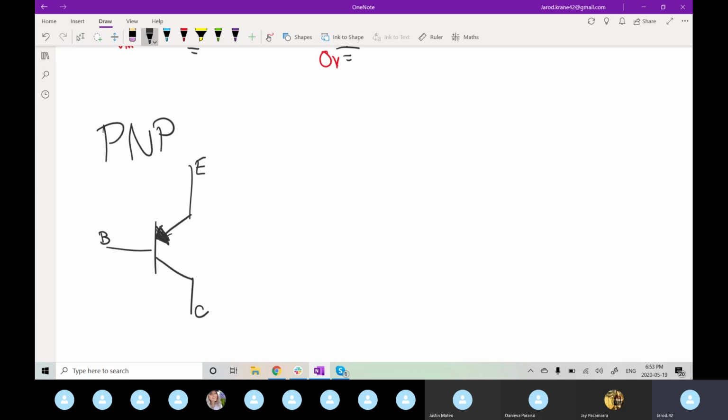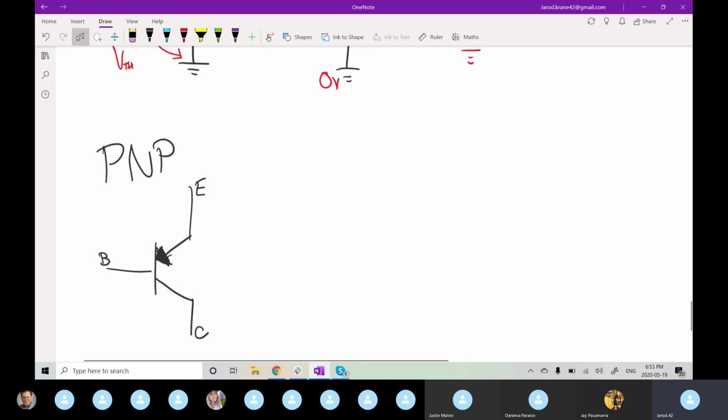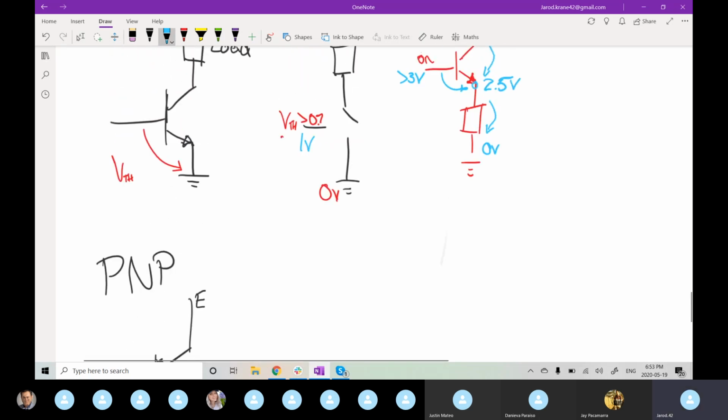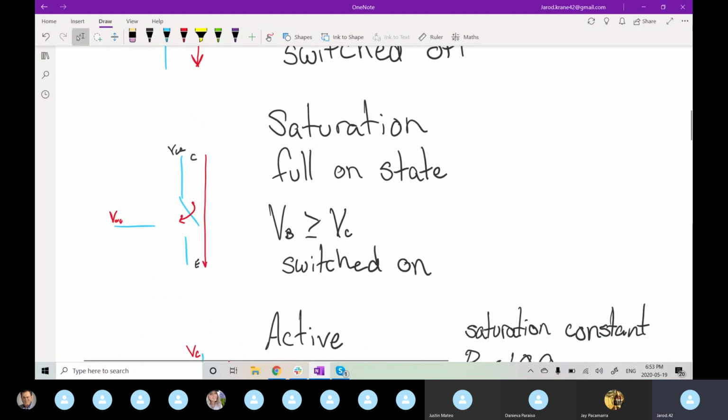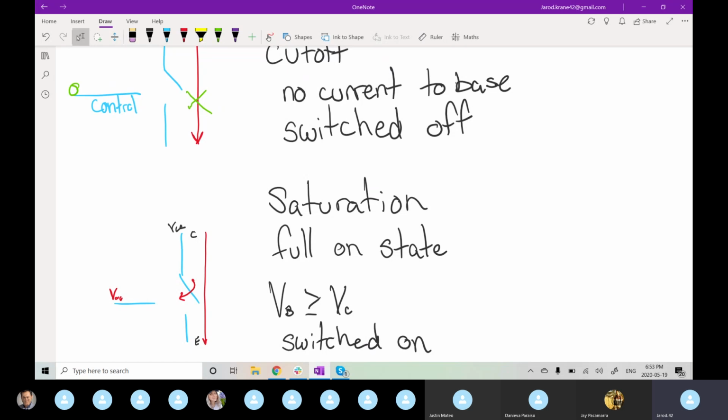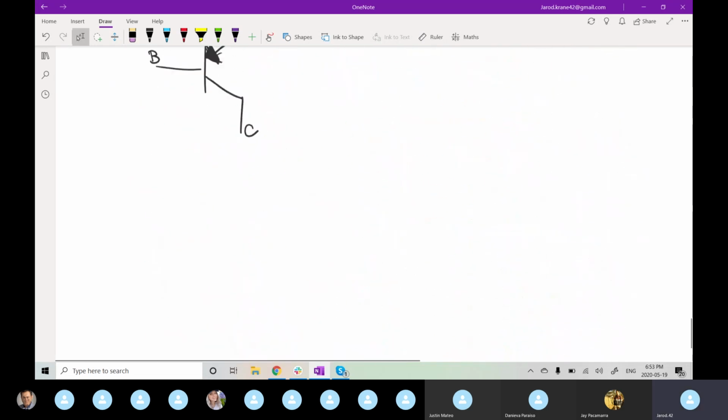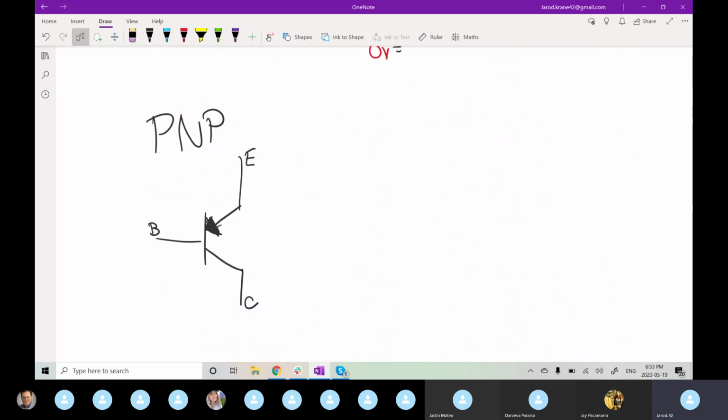Primarily, your distinguisher is you have your arrow pointing in from emitter to base, where the NPN was pointing out. So it has the same operating regions, the same cutoff, saturation, active, in a slightly different behavior.